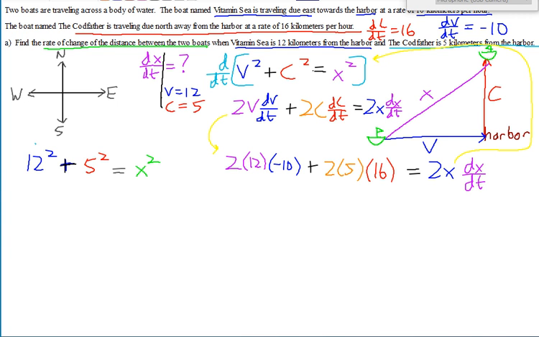Sorry, we already found the derivative, we just need to solve it for x.